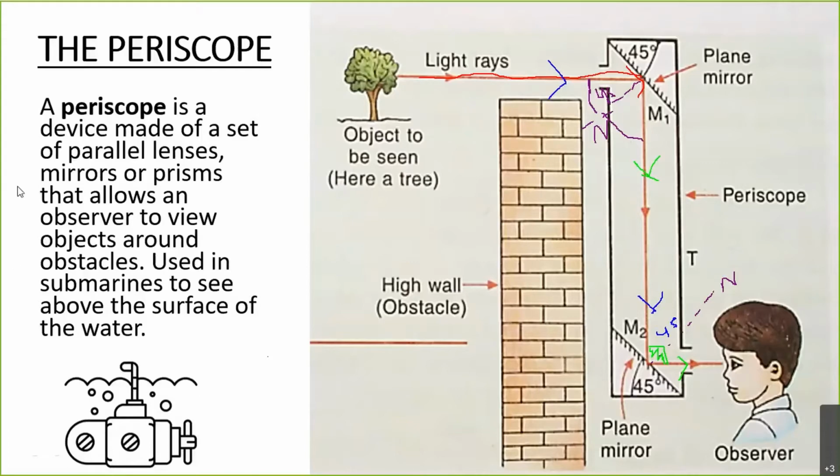And so when the captain wants to see over the sea, he uses a periscope and he's able to see above the surface of the water by just simply turning it around to whichever direction he wants to see, and it works exactly the same way.